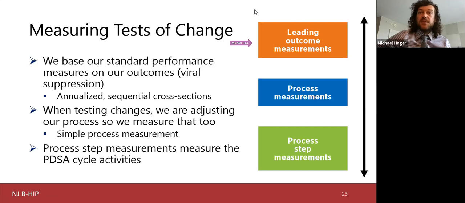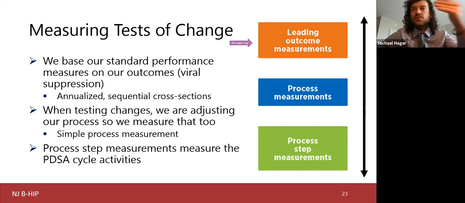These are the process measures that we have for BHIP around screening and referral, and these are the things that we do with our patients that lead to viral suppression. But the question remains, what goes into those process measures? I can talk about screening until I'm blue in the face, but what goes into screening? What are the components of screening and a screening program at each of our clinics?